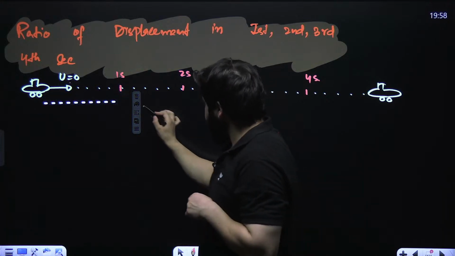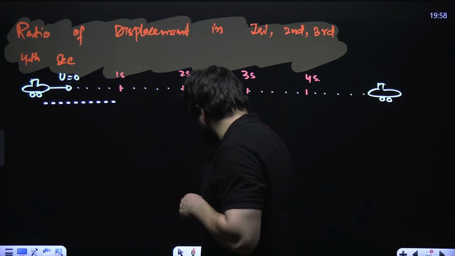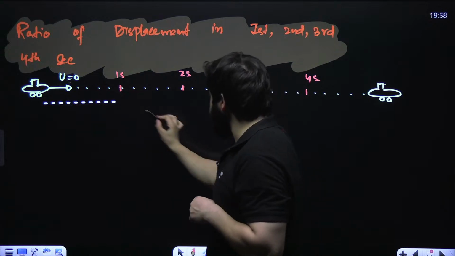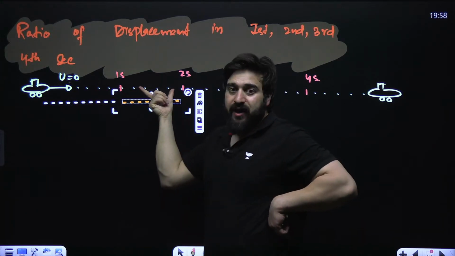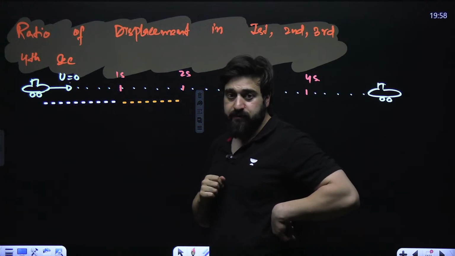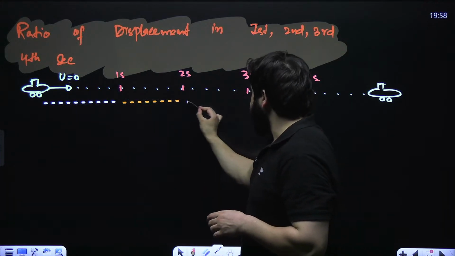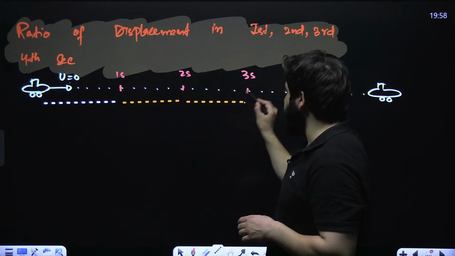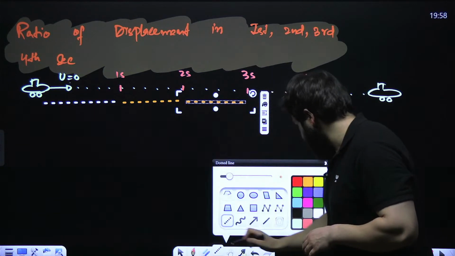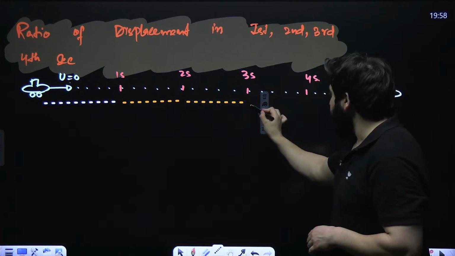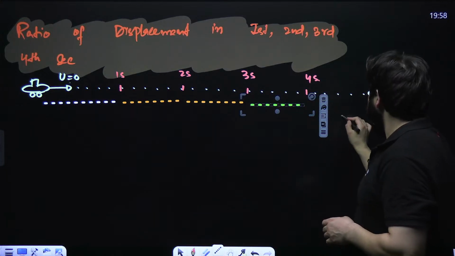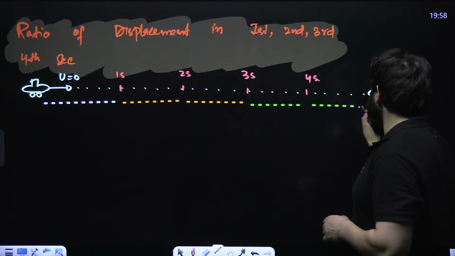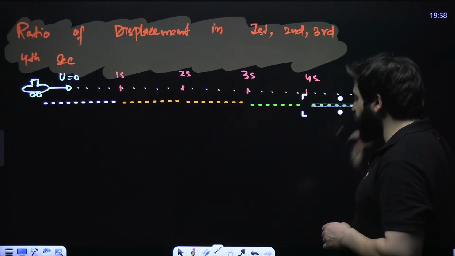Can I say this is the displacement of the car in second second. Car has covered this much of displacement. Can I say this is the displacement of the car in third second? Yes. Can I say this is the displacement of the car in fourth second? Can I say this is the displacement of the car in fifth second?